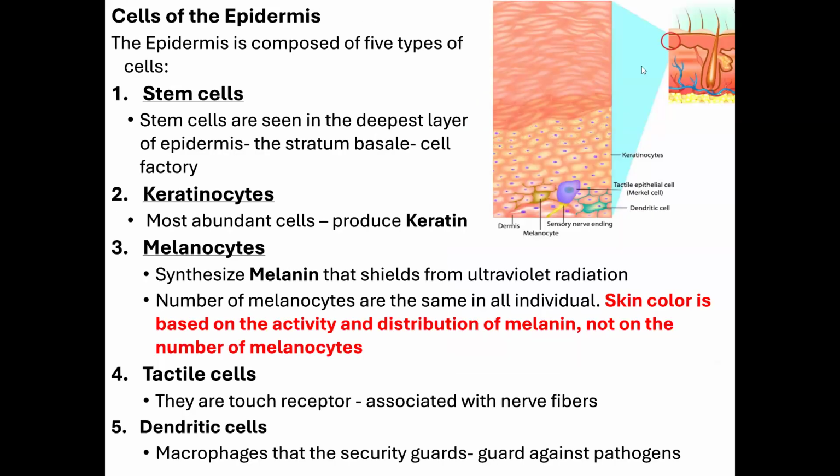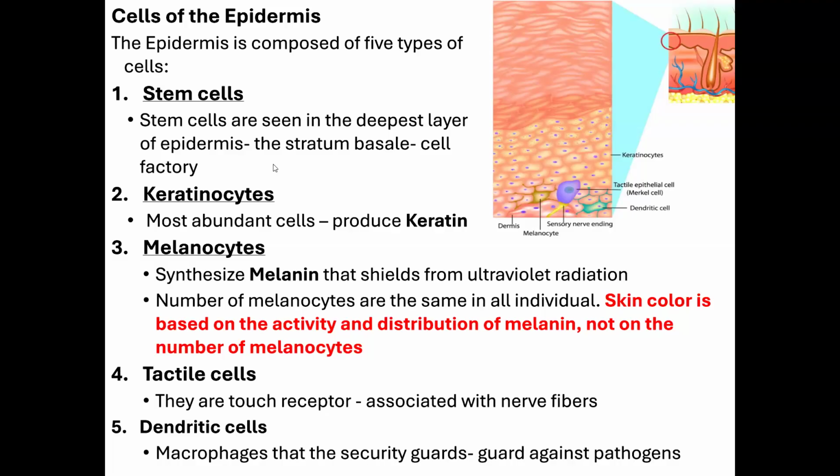But there are 5 types of cells in the epidermis. There are stem cells, which is the basal layer. The basal layer is also called stratum basale or basal. So the British like to call it basal, and the Americans call it stratum basale.